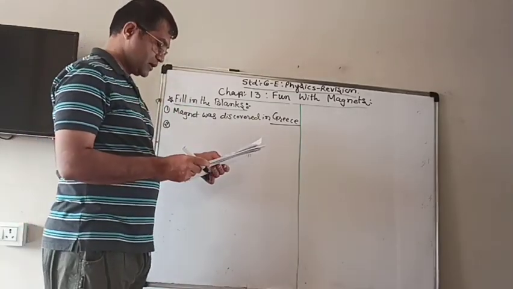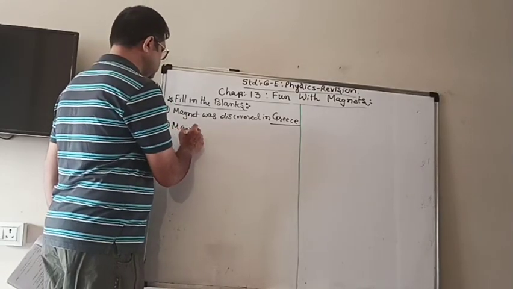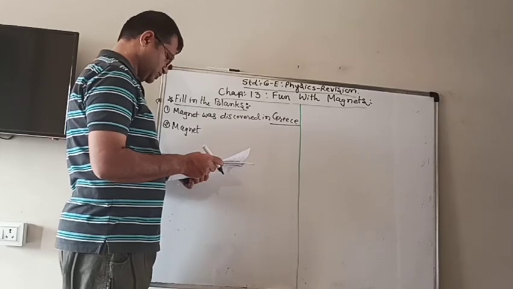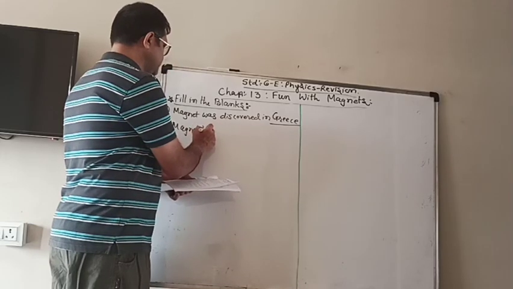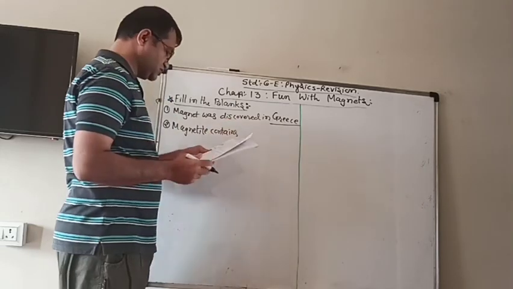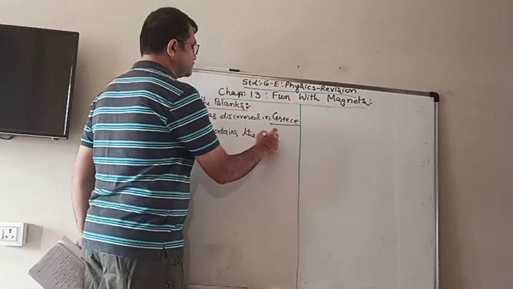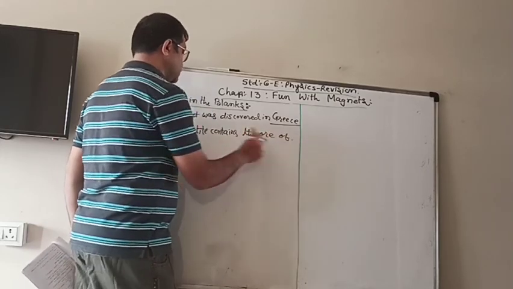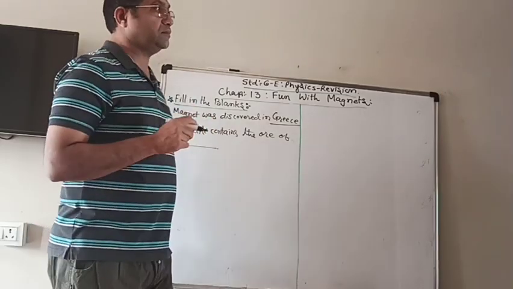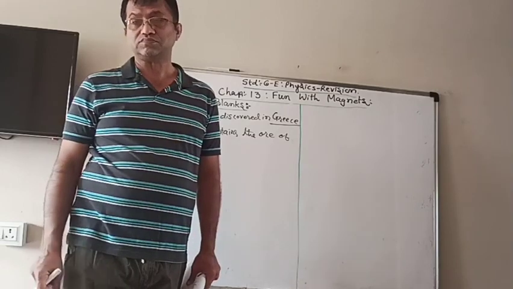Second one, magnetite contains the ore of blank. Now, let me remind you what is ore.